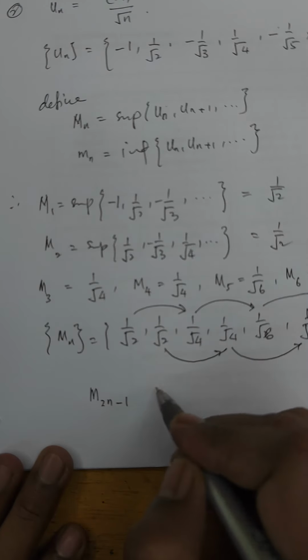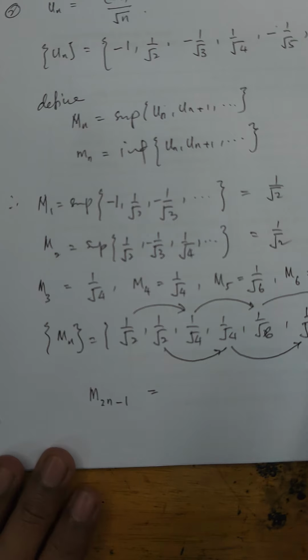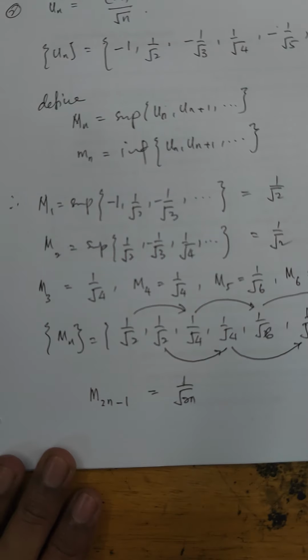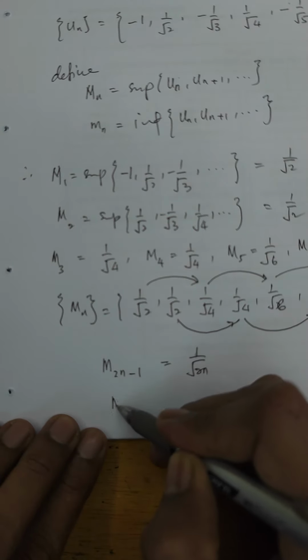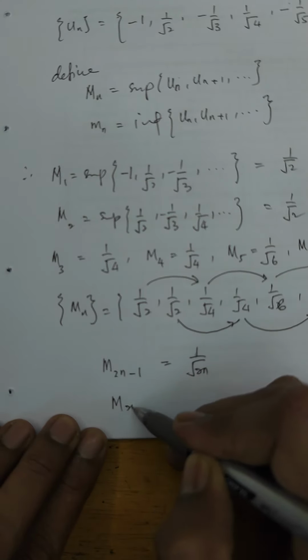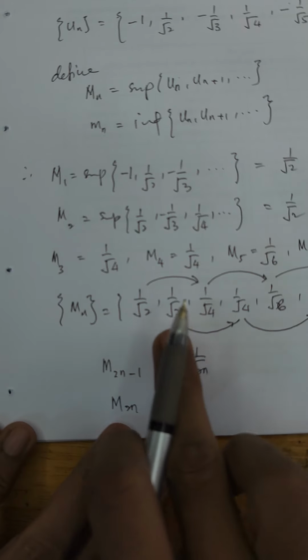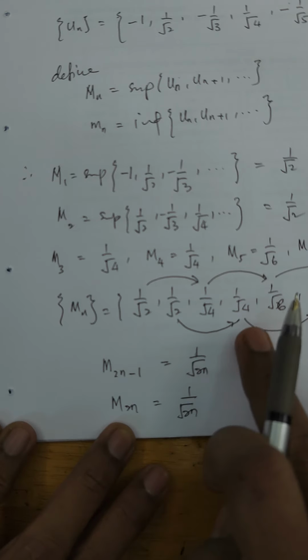So this gives you 1 over √(2n). And you can have M_2n, which is also 1 over √(2n). This we take from the even terms.